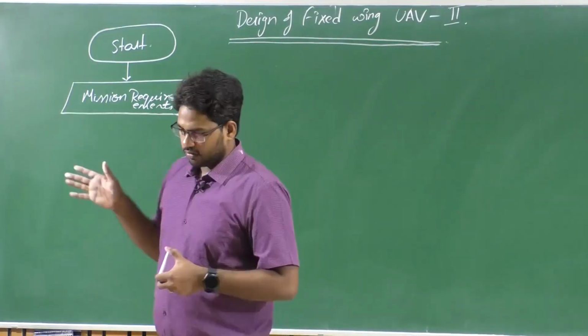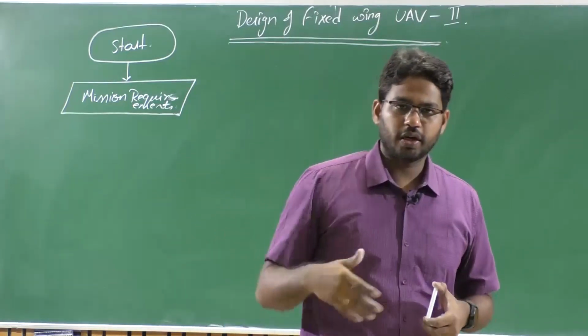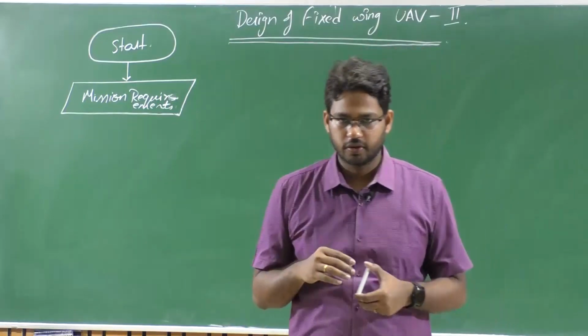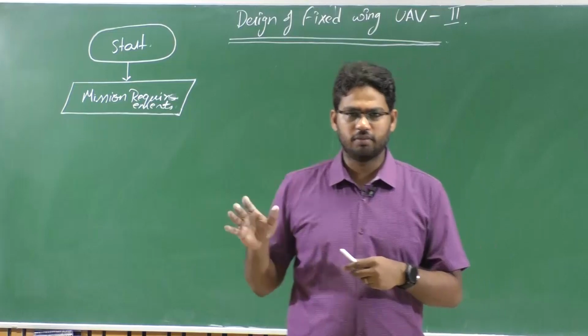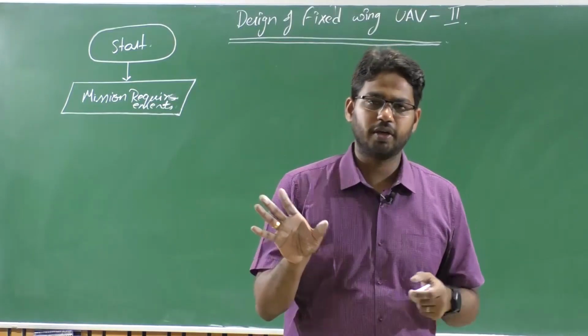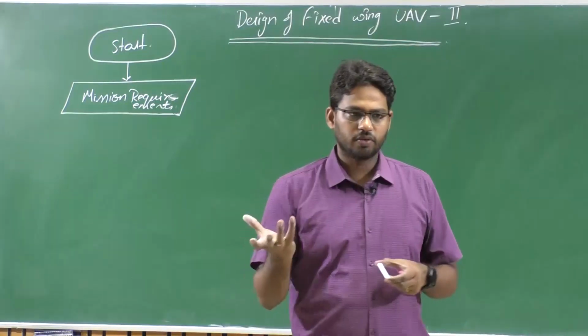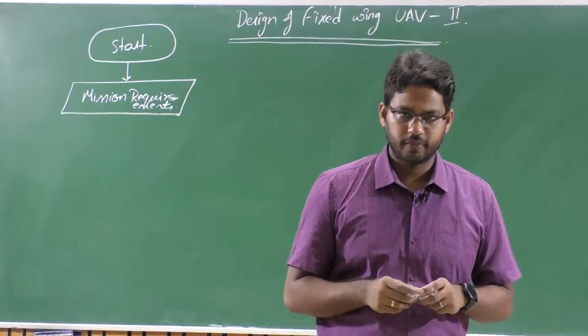And then you know it flies at a certain altitude, so you'll try to figure out which kind of propulsion system you need to use, right? And also, if you are asked to carry a payload of so many kgs, then once you know the kind of payload, you'll try to figure out what is the power requirement of the payload, right?